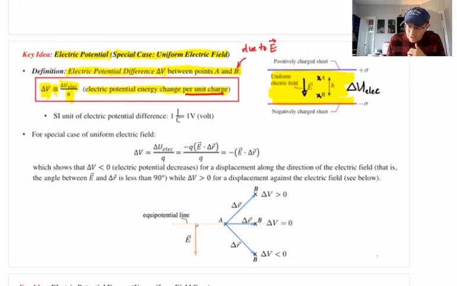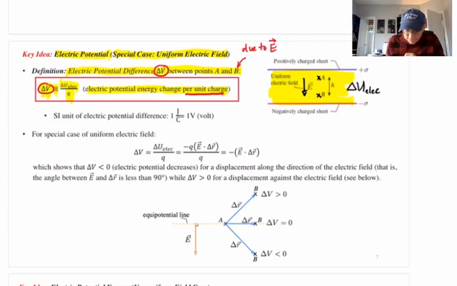Now, what's the SI unit of electric potential difference? And let me try to be clear here. Note the symbol for this new quantity. There and there. Delta V, potential difference. It's the difference in the electric potential between the 2 points A and B. Delta V. That's the quantity.